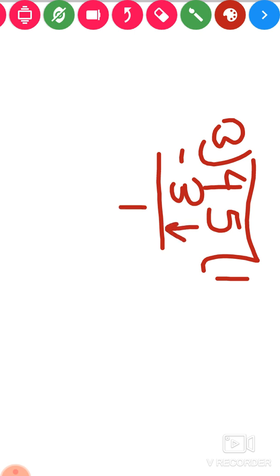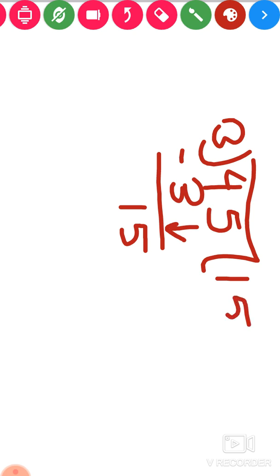Now we will carry down 5. So, now we have 15 here. Do we get 15 in 3's table? Count the 3's table. 3 ones are 3. 3 twos are 6. 3 threes are 9. 3 fours are 12.